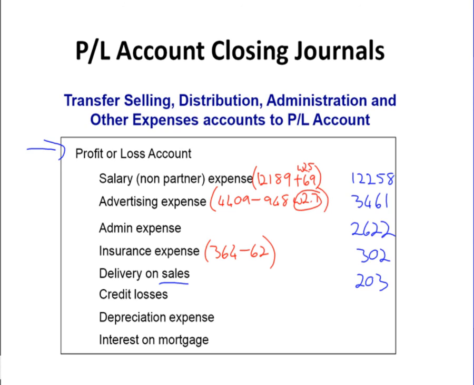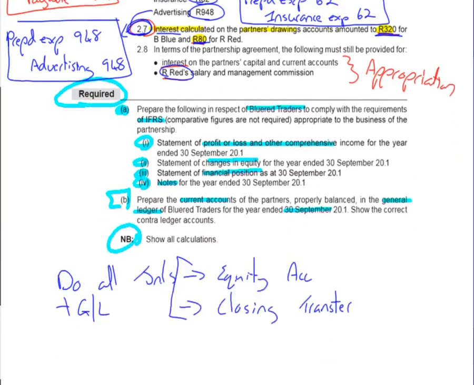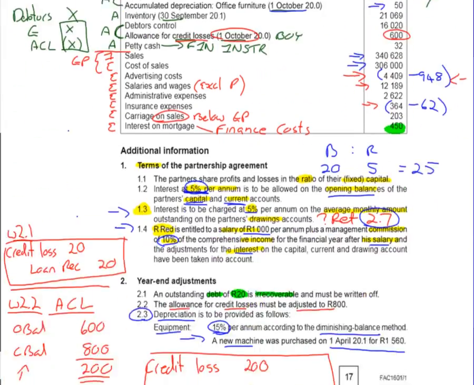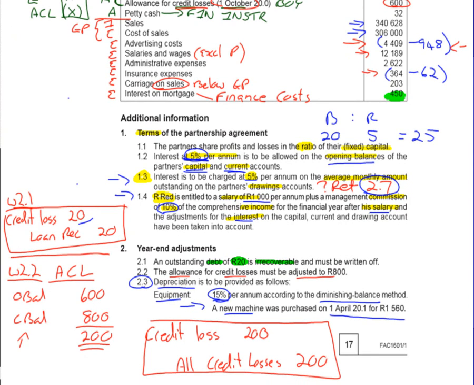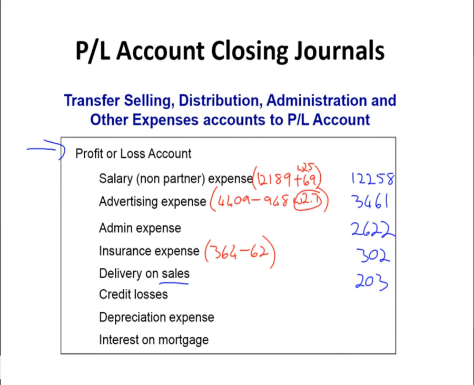Credit losses, if we recall, we had two items in there. Credit losses, we had 20 on the irrecoverable loan and the 200 on the movement. So 20 plus 200. Okay, and let's be smart and keep referencing working 2.1 and working 2.2.